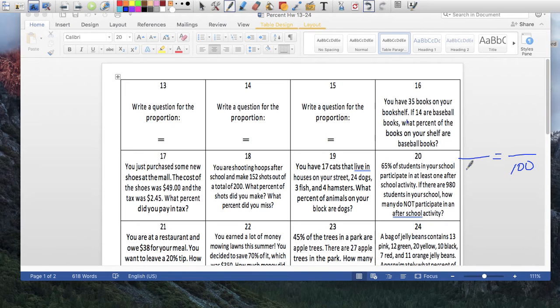So there's a total of 48 animals here, and 24 of them are dogs. What percent would that equal? So this is your setup. Let's find a relationship. Side to side, 48 to 100, nothing, but up and down, there is one. How does this 48 become a 24? Divided by 2. So here will be divided by 2, giving us 50. So 50% of the animals are dogs.